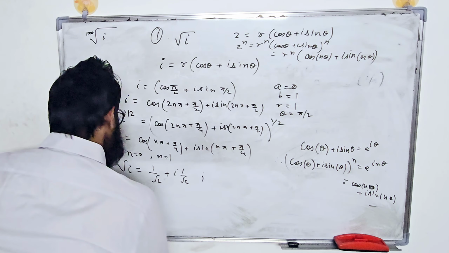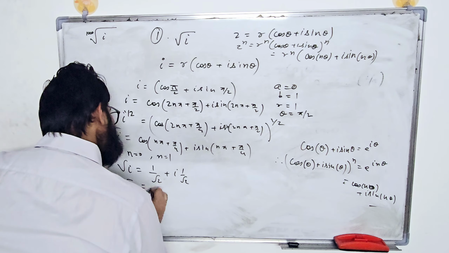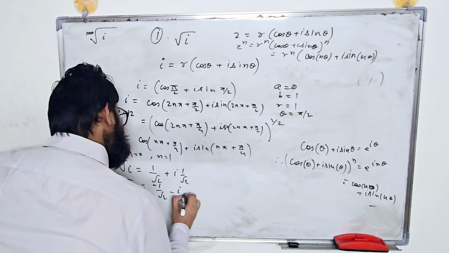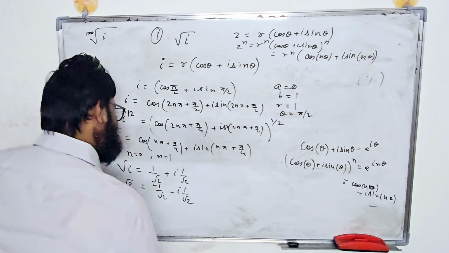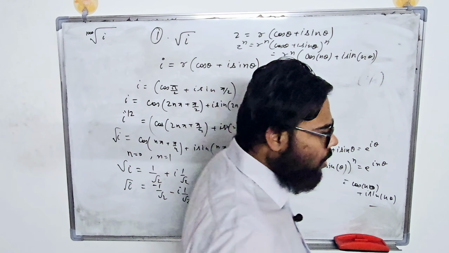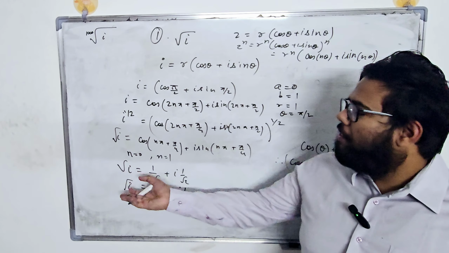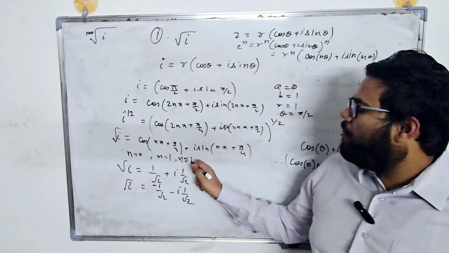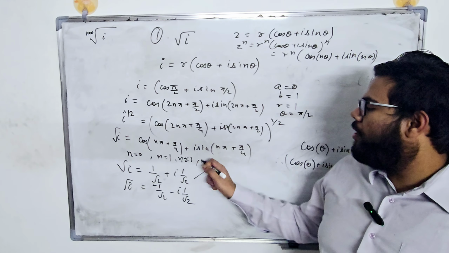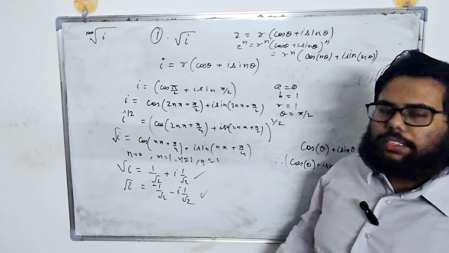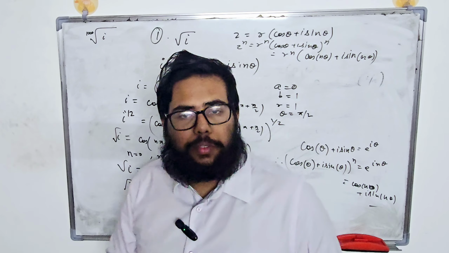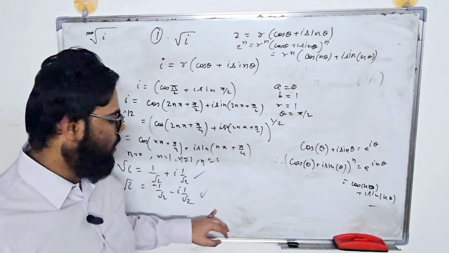So the square root of iota is also equal to negative 1 by root 2 minus I by root 2. If you substitute n equal to 2, you again get the first expression, and for n equal to 3 you get the second. So the square root of iota has two values, this and this.